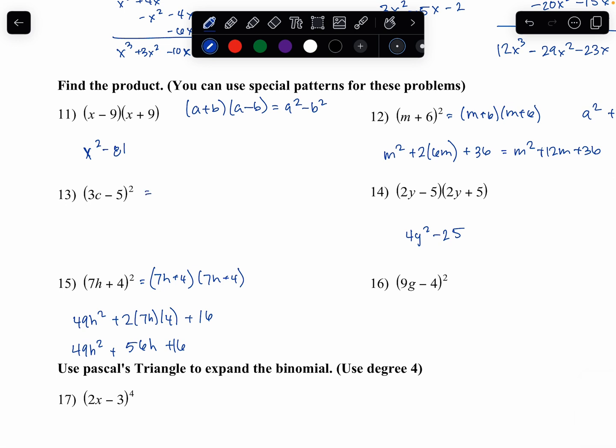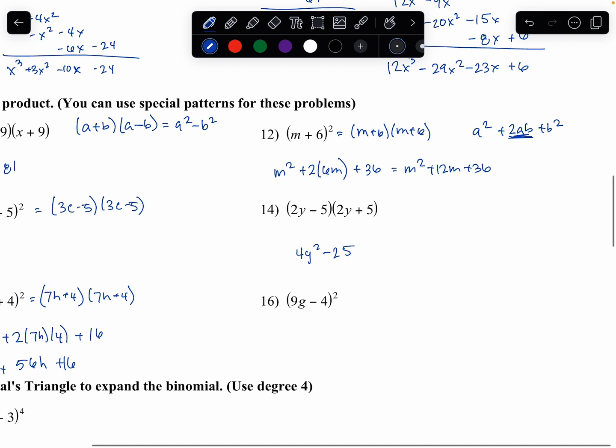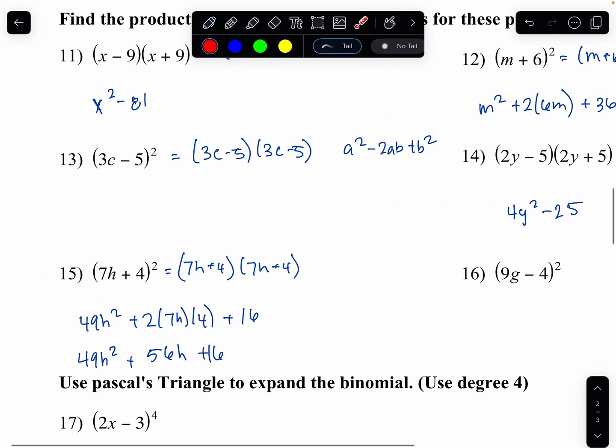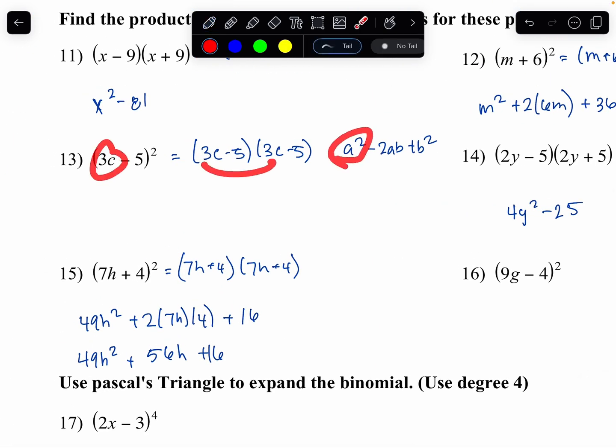So this is the same thing as 3c minus 5 times 3c minus 5. Okay, and so we're going to follow the same pattern here. We're going to have a squared, but in this case, it's going to be minus 2ab plus b squared. So the first one being squared, 3c squared, is going to be 9c squared.